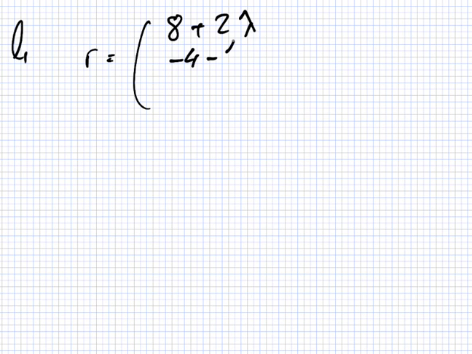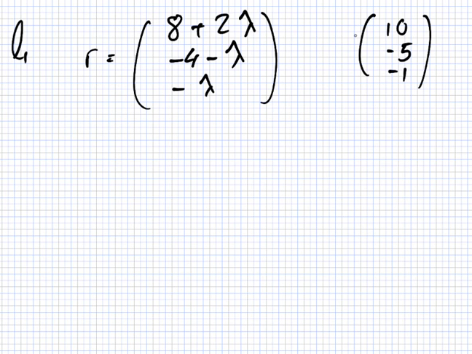So we now have L1 is now 8 plus 2 lambda minus 4 minus lambda, and we want to show that this point 10 minus 5 minus 1 is on the line.